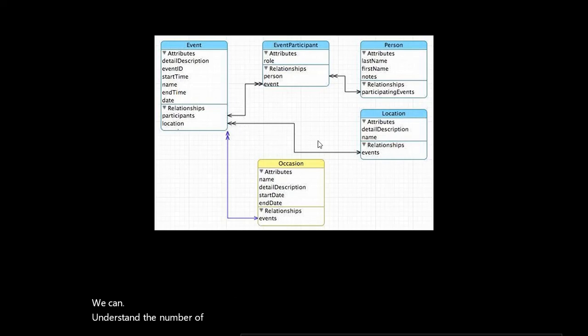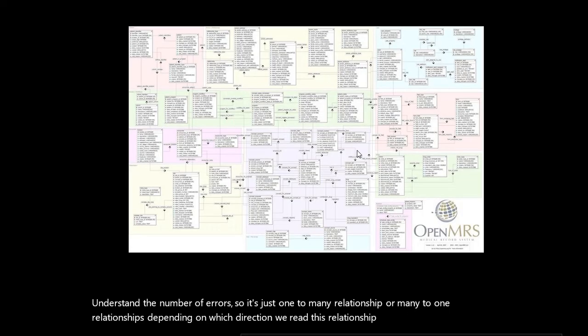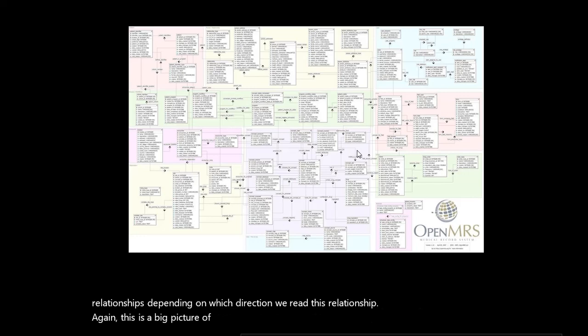It's just a one to many relationship or many to one relationship, depending on which direction we read it. Again, this is a big picture of how, for example, a company designs its database. So again, we have to have a big picture when we want to design a database.